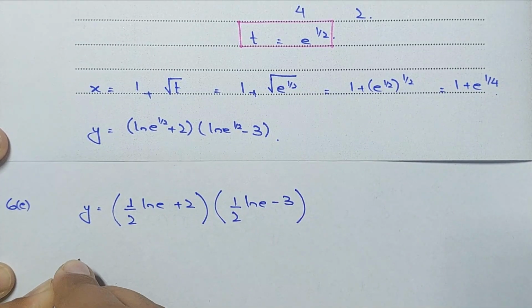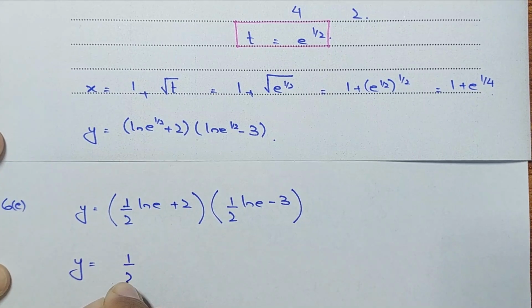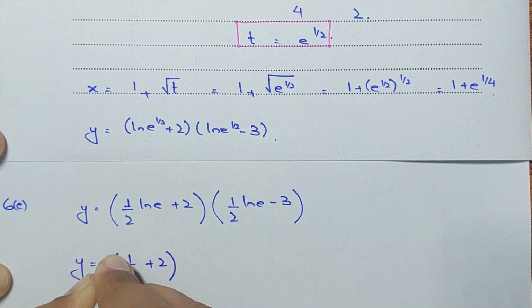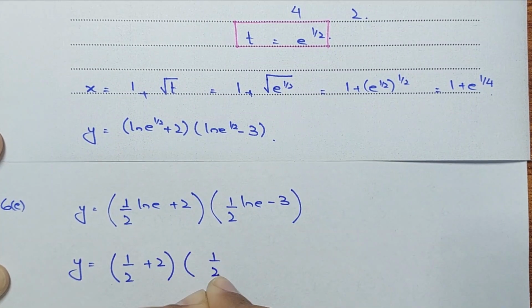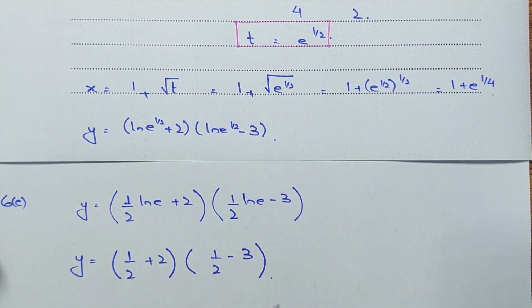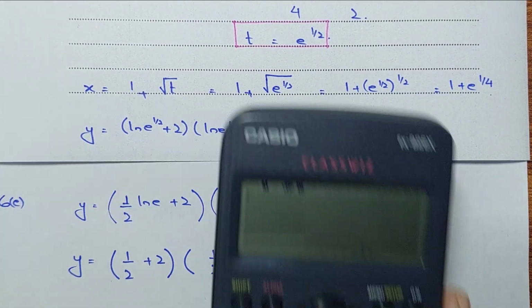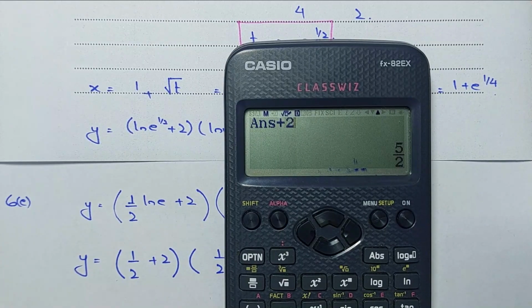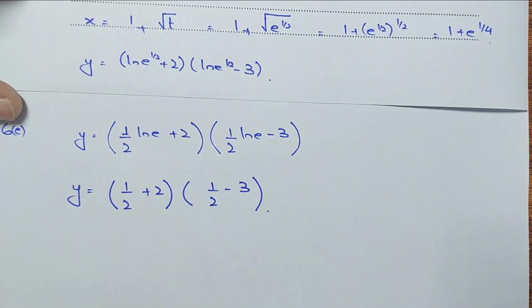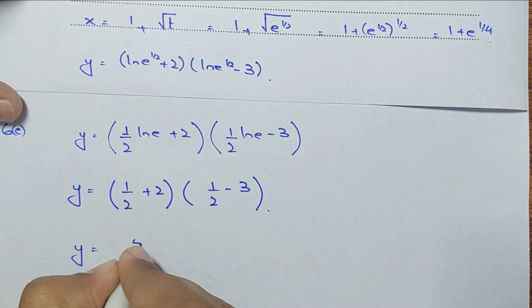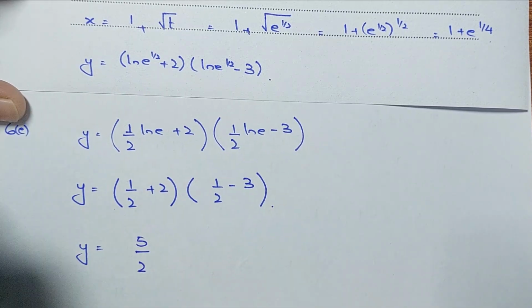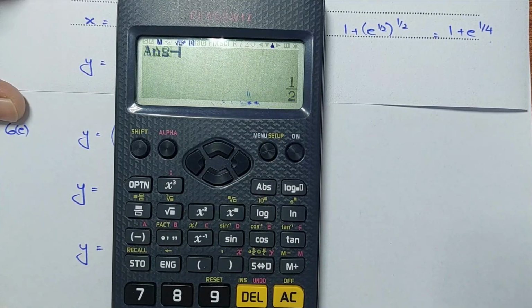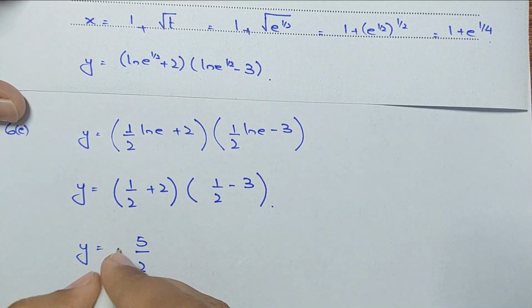Natural log of e is just 1, so y is equal to 1 by 2 plus 2, and here 1 by 2 minus 3, and we will do the product. Okay, 1 by 2 plus 2 is 5 by 2. So y is equal to 5 by 2 times 1 by 2 minus 3, which is minus 5 by 2.